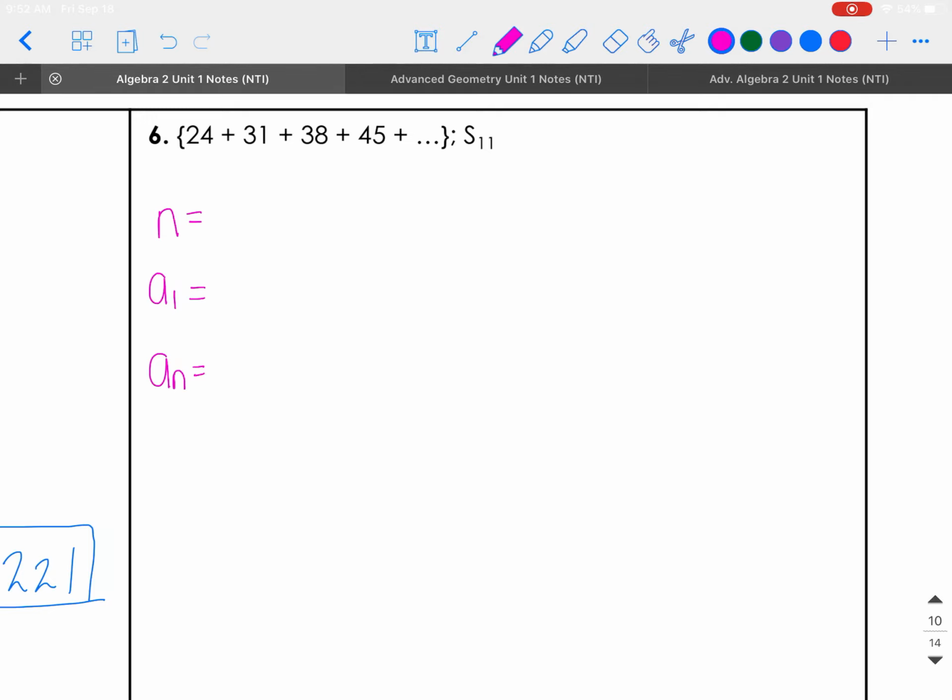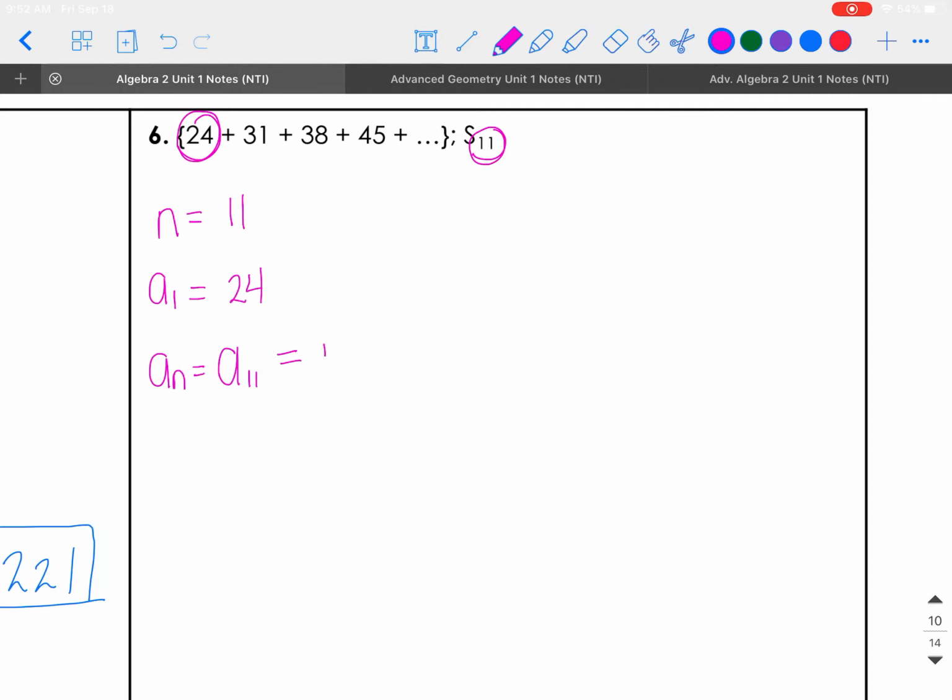All right, so for this formula, we need to find N, which is 11. It's coming from here. A1, which is 24. That's my first term. And A sub n, that means my 11th term.